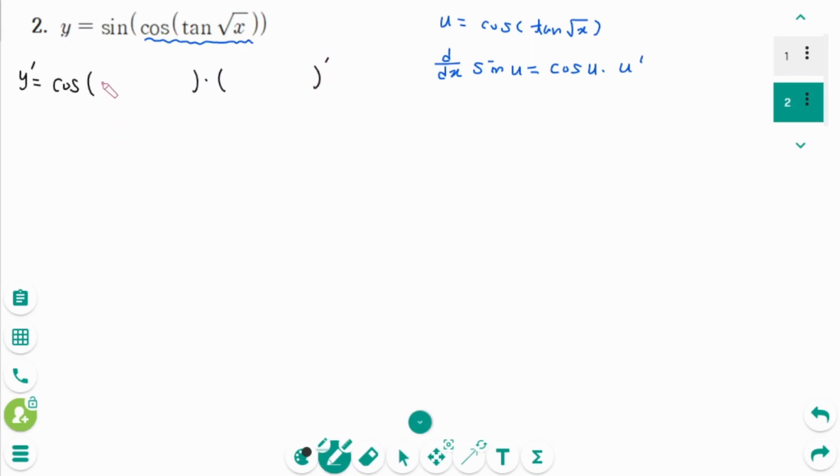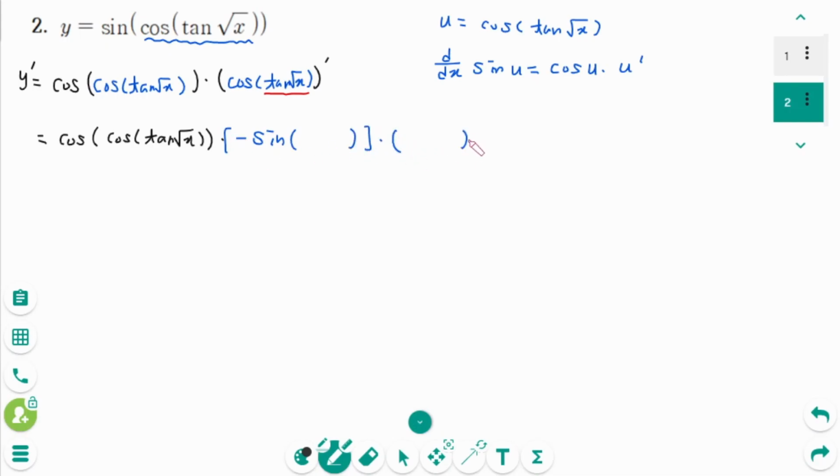Keep the inner function, cosine of tangent of the square root of x. Then cosine of tangent of the square root of x times... Now u equals tangent of the square root of x. So cosine u prime equals minus sine u times u prime.